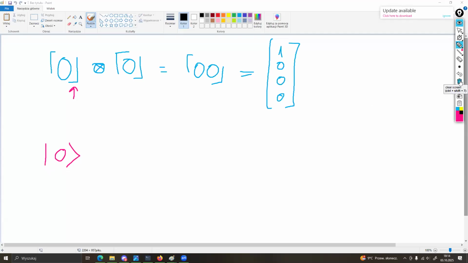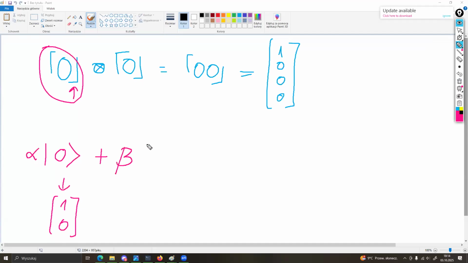What is this notation? This is a ket notation. So this expresses that we have the same situation as here, but now this vector represents a quantum state of 0.